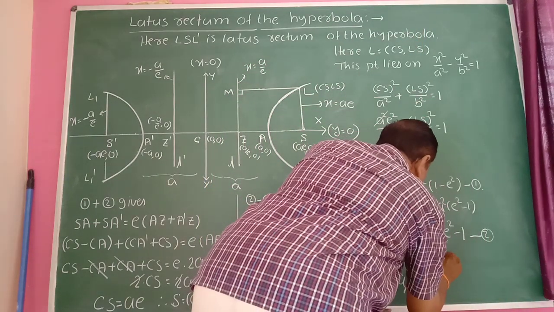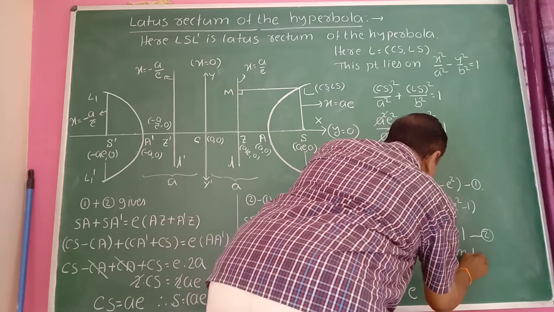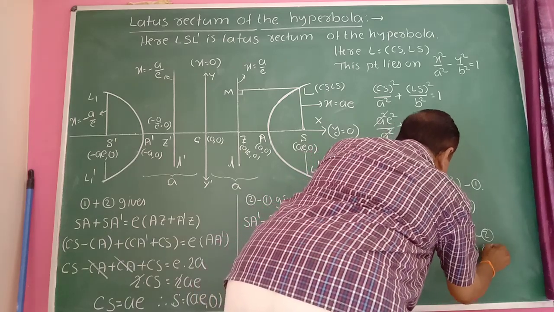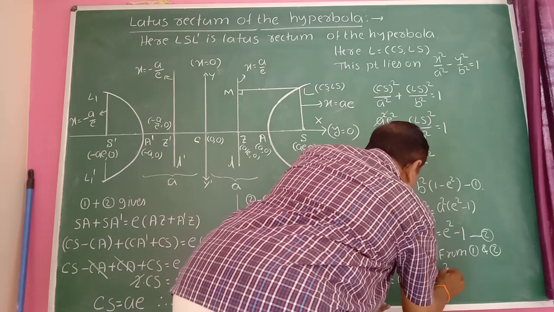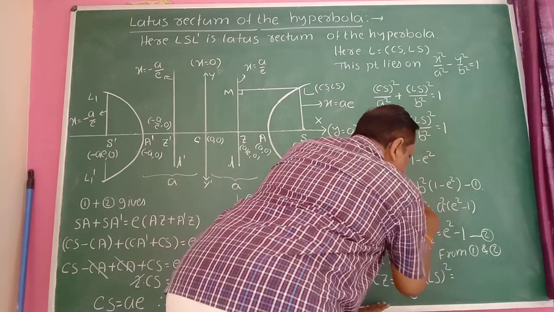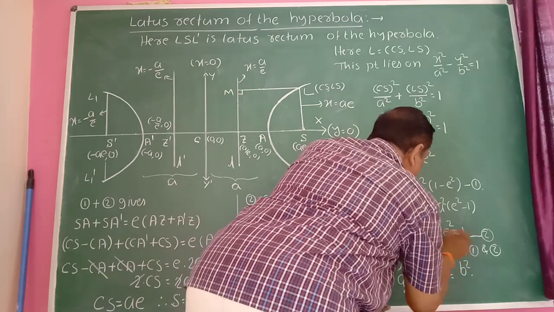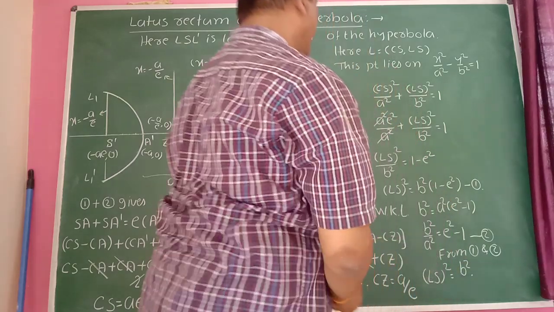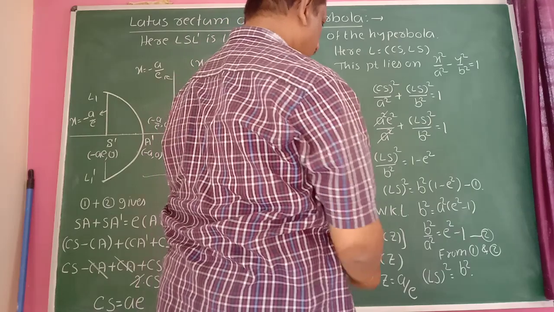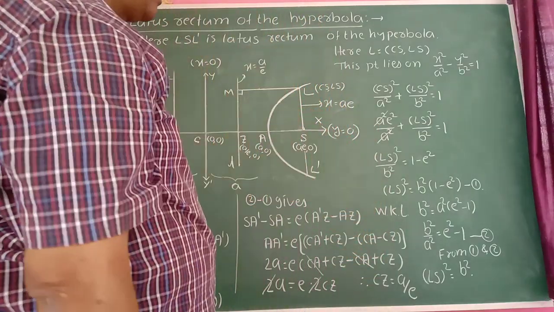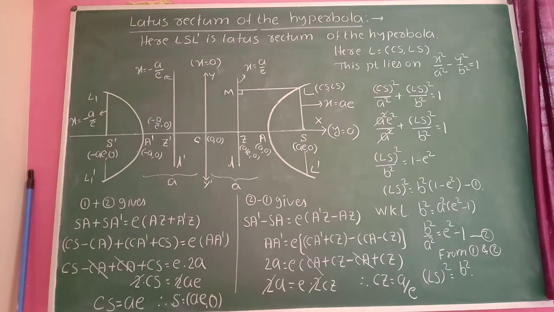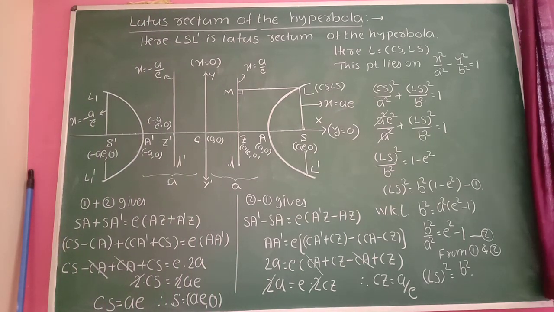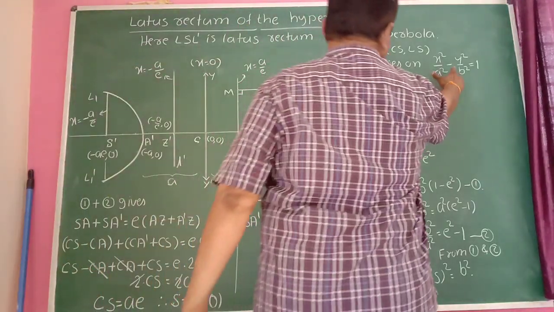So from equation 1, LS² is equal to b² and e² minus 1. I made a mistake here because the minus sign is there.